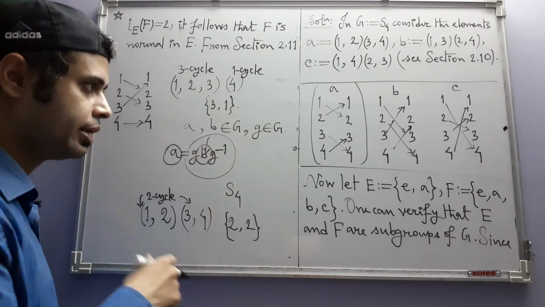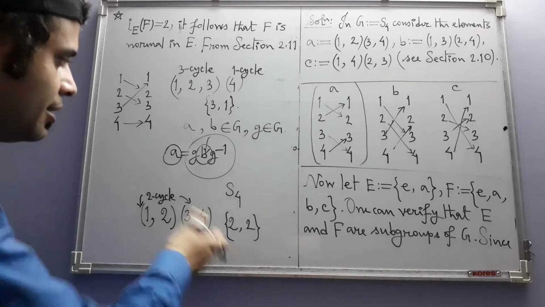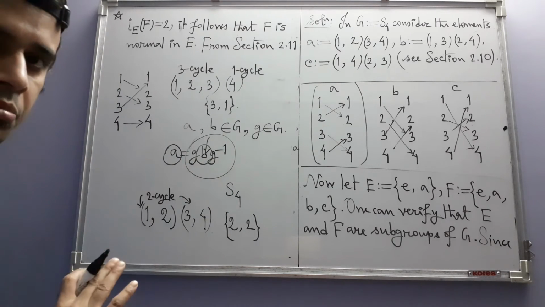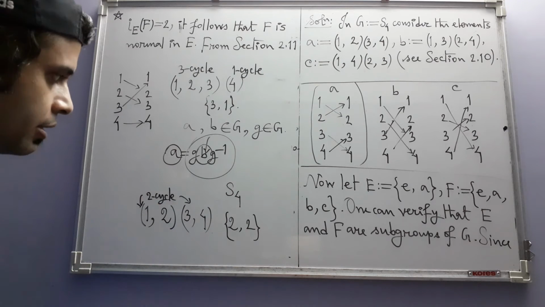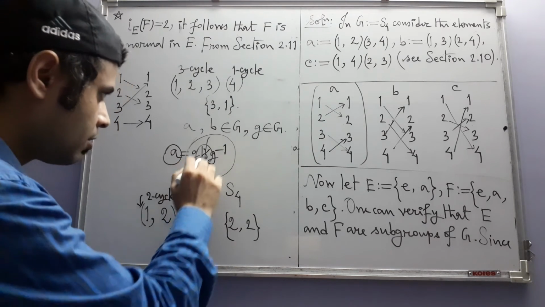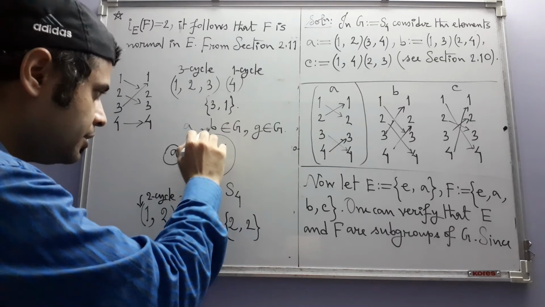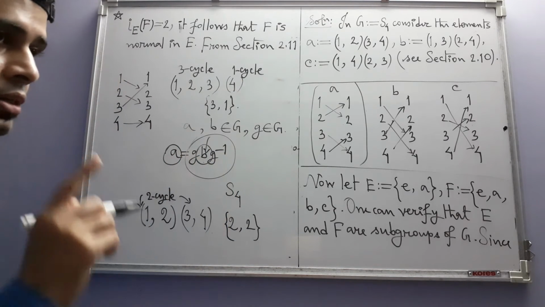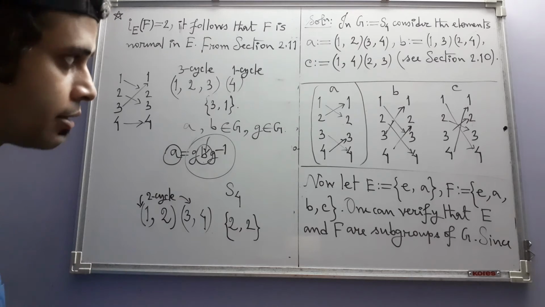Of course it will change the permutation, it will change the cycles, but what is important is that this operation of changing b to gbg inverse does not change the cycle structure.